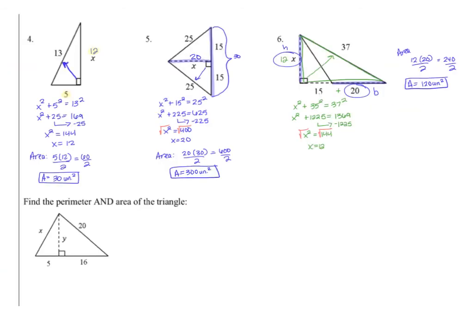The last example is finding the perimeter and the area of the triangle. The first thing we have to do is find the missing sides. So let's start with the x. I know this is a 90-degree angle because the other side's a 90-degree angle.